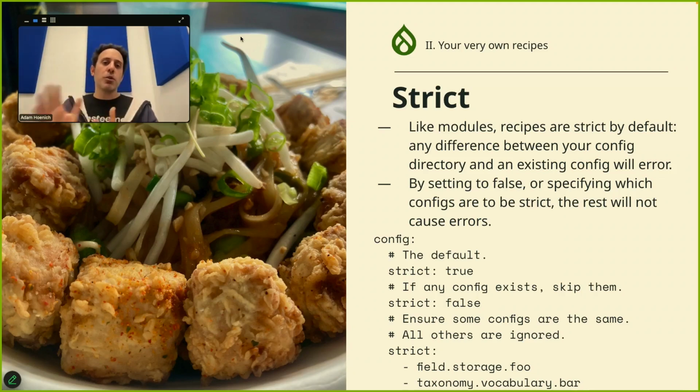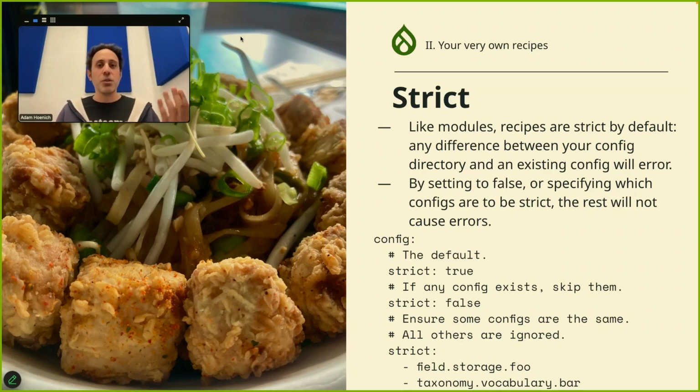But there's also a middle ground where you can say, okay recipe, listen, I don't care about most of the config in my config directory. I don't care if it already exists. Respect what's already there. But certain things I really do not want the site to have changed. And there you can say, just for these configs, I want you to treat just these ones very strictly.